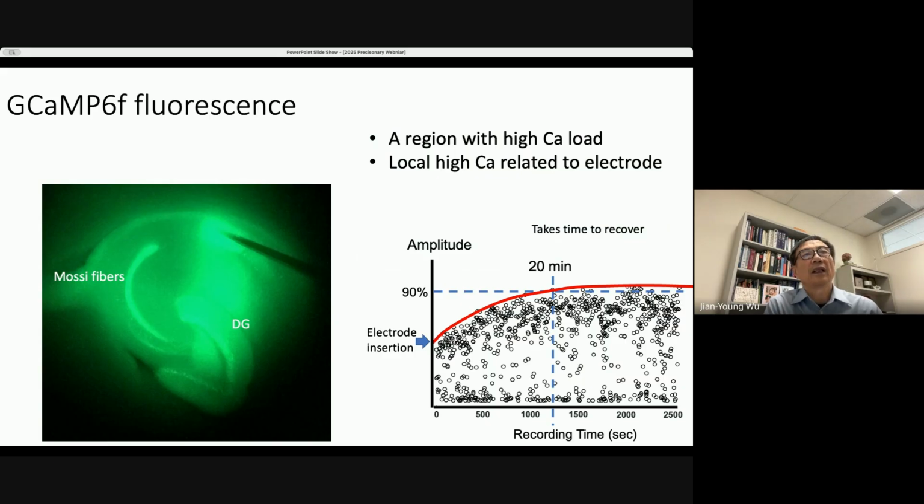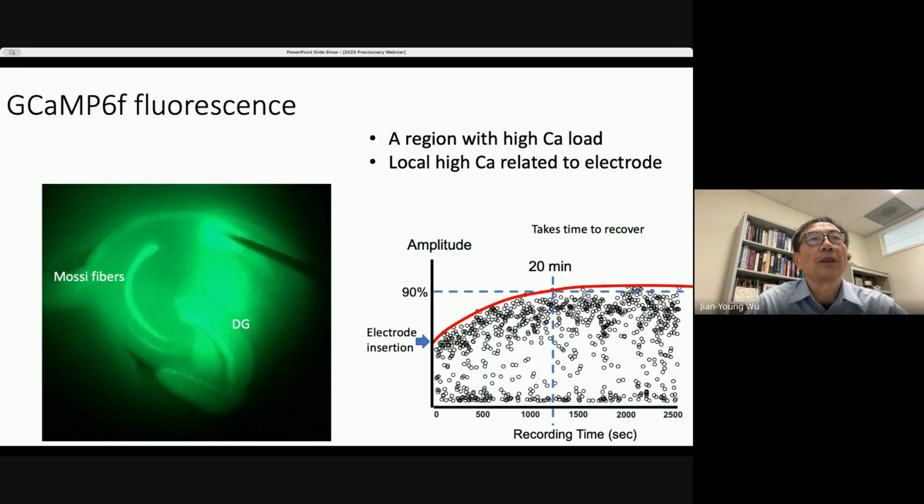These don't quite follow the anatomical structures, but this high calcium loading is most likely related to the cutting. This slice was cut by a Leica vibratome. For reasons we don't quite know, you see a band of high calcium loading in the cells, from DG all the way up to the CA3 area.